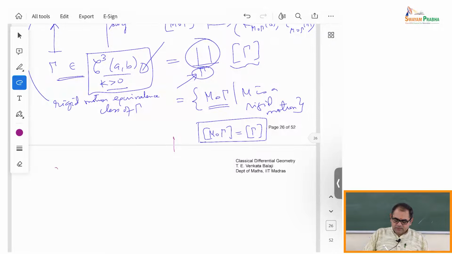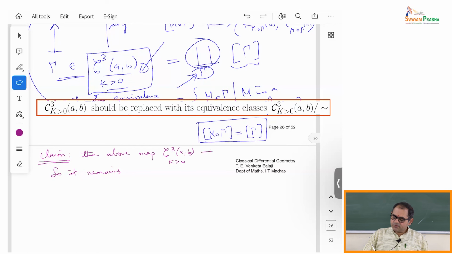Okay. So what we can do is, the claim is the above map from script C3 AB with k positive to C1 R plus AB cross C0 R AB is bijective.